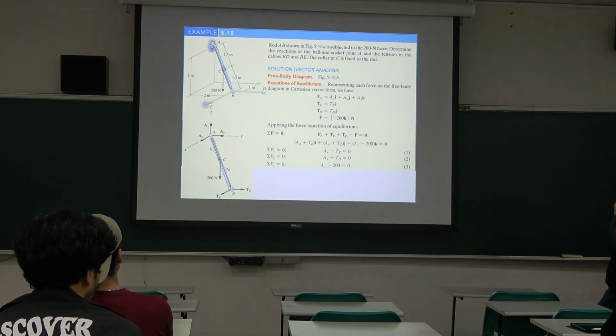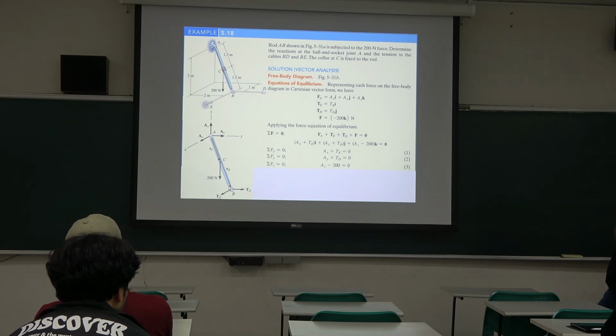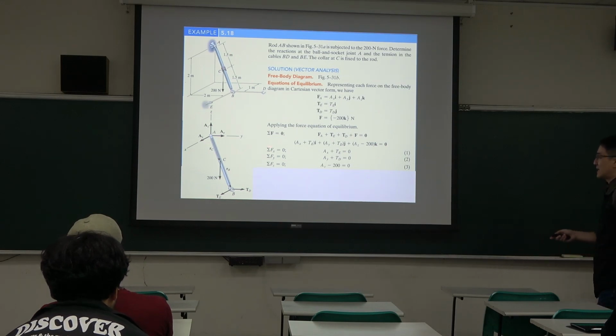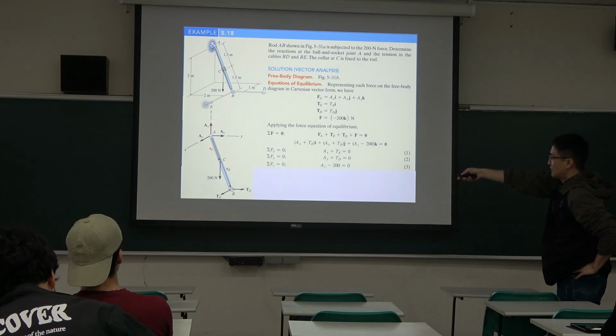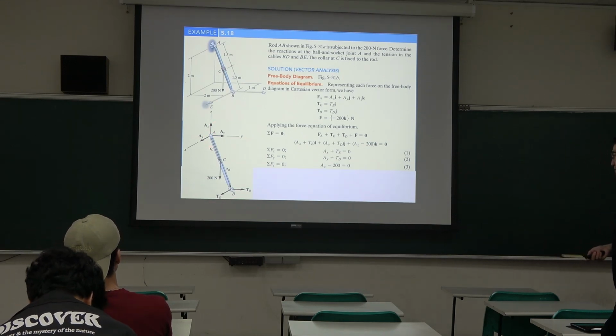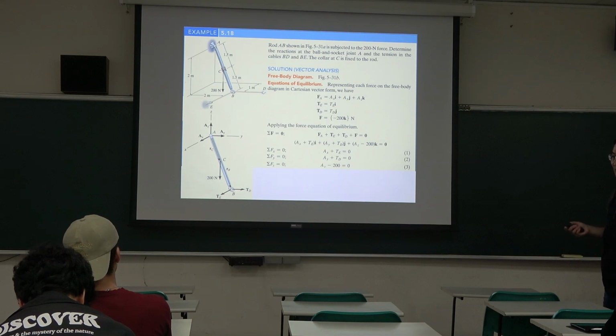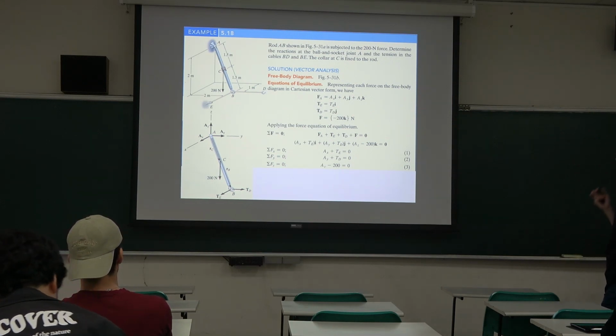The requirement is to determine the reaction at the ball and socket here and the tension here. For this question we have 5 unknowns, because the ball and socket has 3 and tension has 2, so 5 unknowns in total. That means, at least theoretically, we should have 5 equivalent equations.